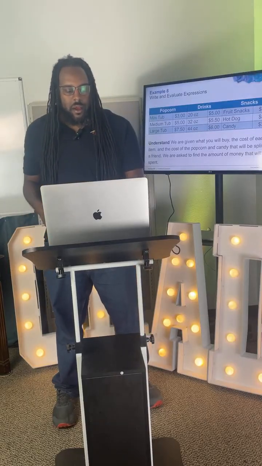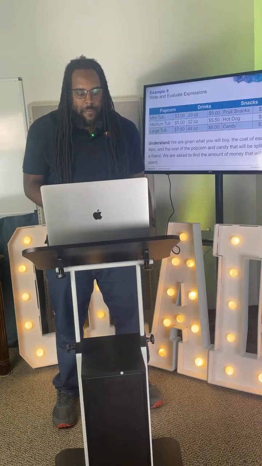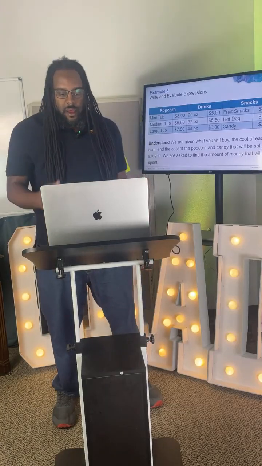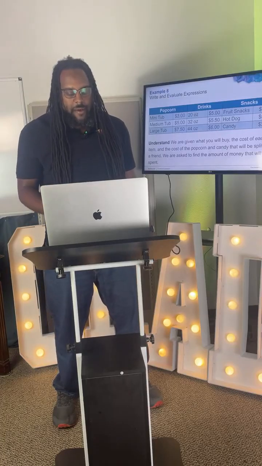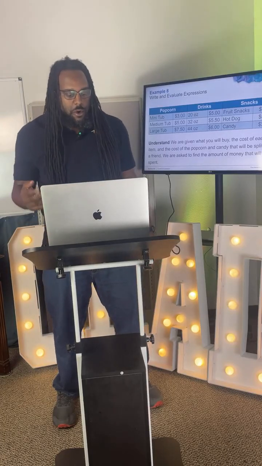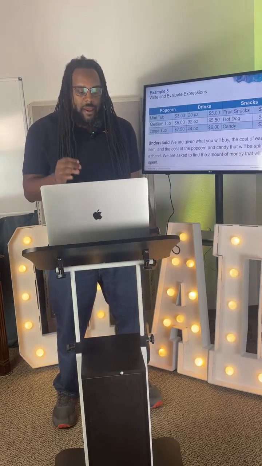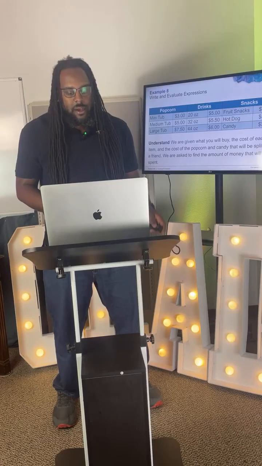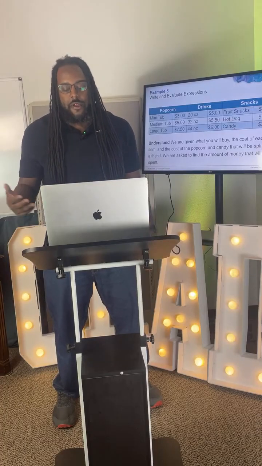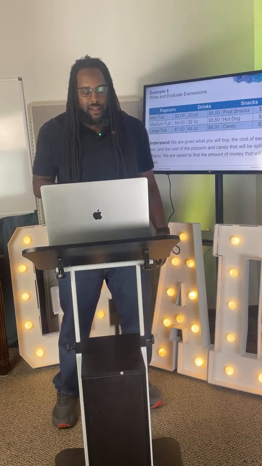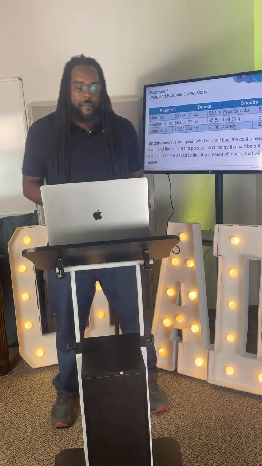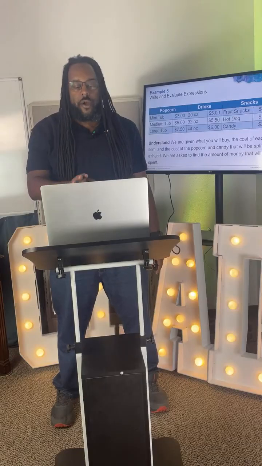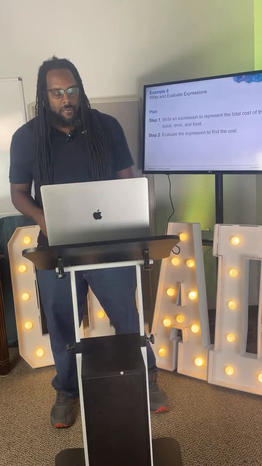You can see here, mini tub is $3, medium tub is $5, large tub is $7.50. 20 ounce is $5. 32-ounce drink is $5.50. 44 ounce is $6. Fruit snacks is $3. Hot dog is $5. Candy is $3.50 when it comes to snacks. So we have all these numbers, but we only need certain ones. So we have to make sure that we choose the right ones for this question.